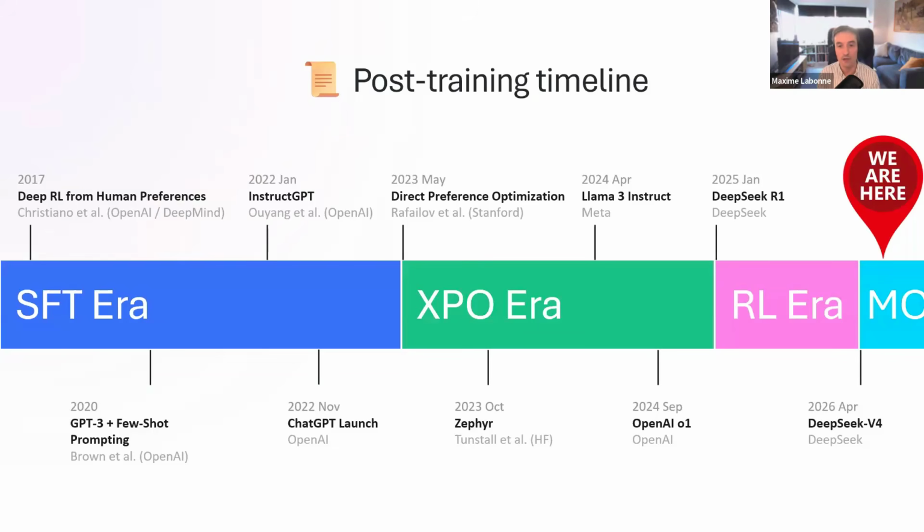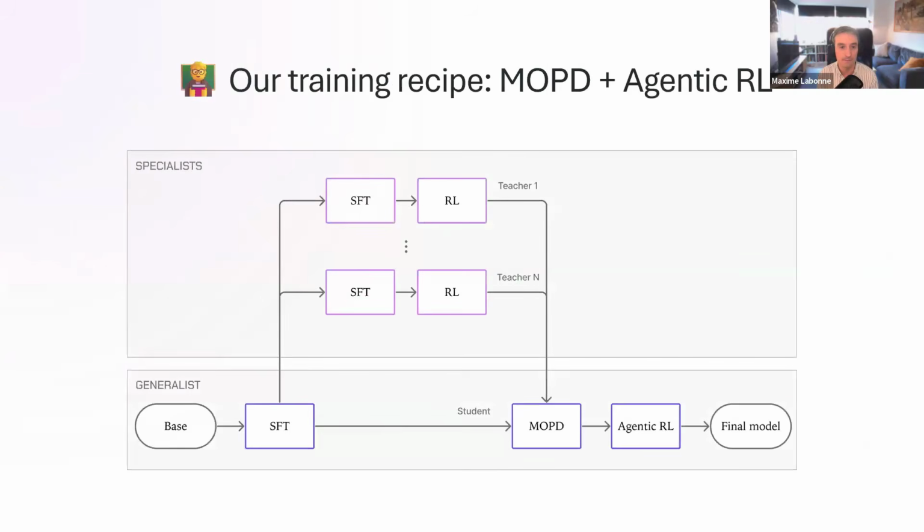And this new one is about multi-domain on-policy distillation, or MOPD. And this is what we're going to talk about here. So this is our training recipe at Liquid for the upcoming 2.6B model. We use multi-domain on-policy distillation with agentic reinforcement learning. And you can see the top row is about how we train the specialists, the teachers.